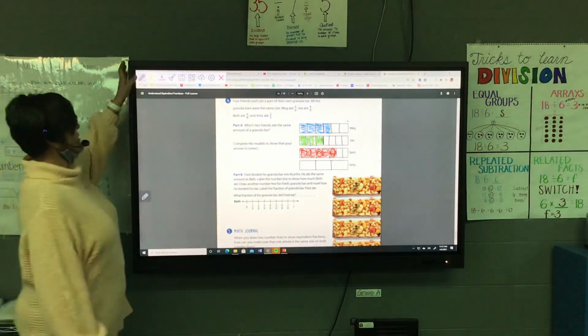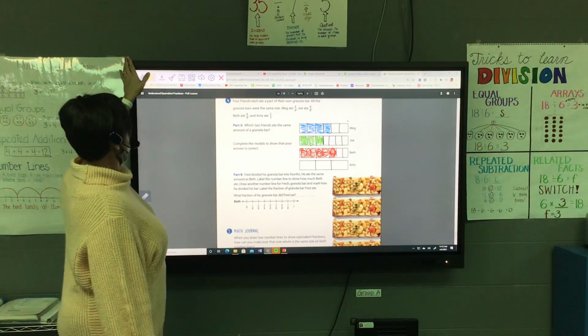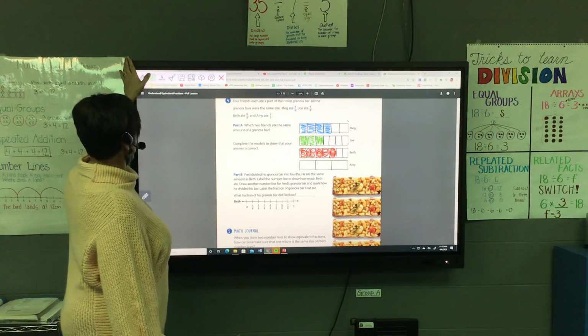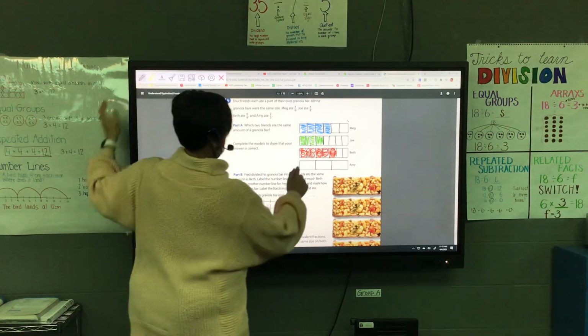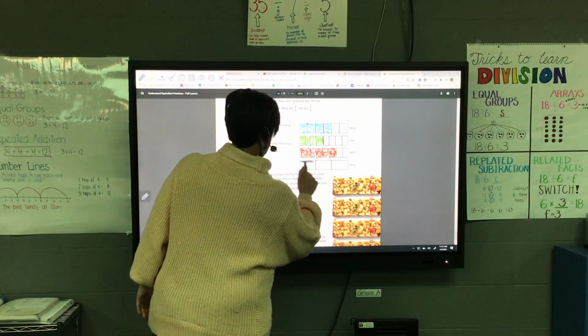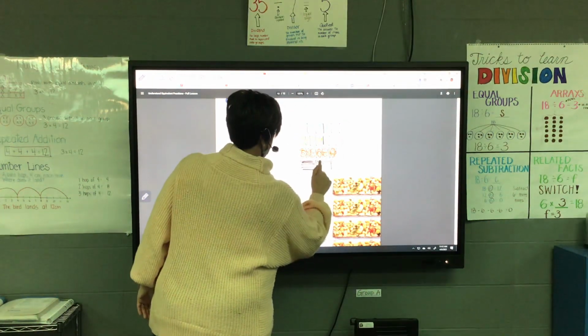And how much of it did she eat? 2. She ate 2/3 of it. Okay. I'll just go black here. 1, 2.